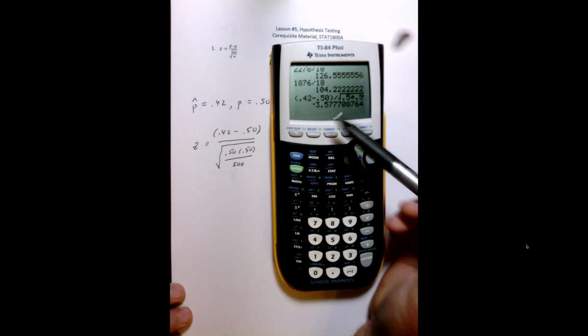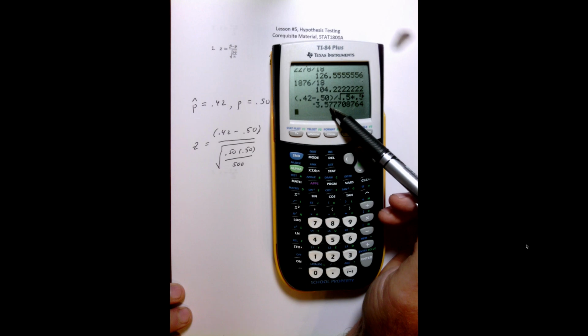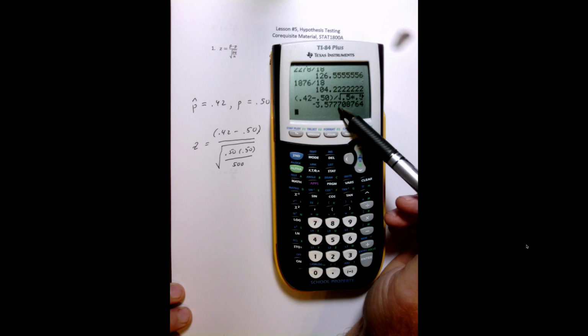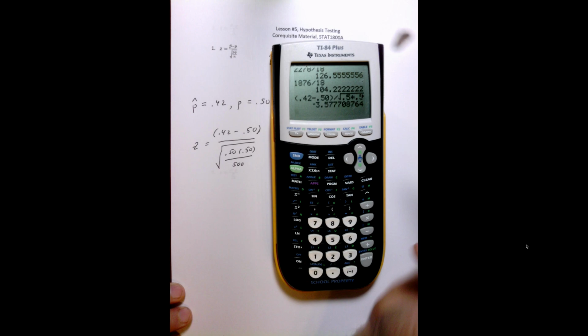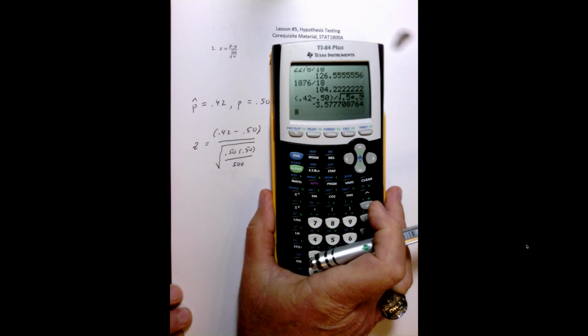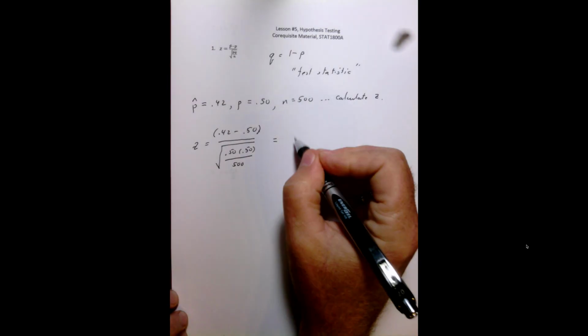If it says round to 2 places, it would be negative 3.58. If it says 3 places, it would be negative 3.578. If it says round to 4 places, it would be negative 3.5777. Always look at the next digit and round accordingly. So 2 places would be negative 3.58.